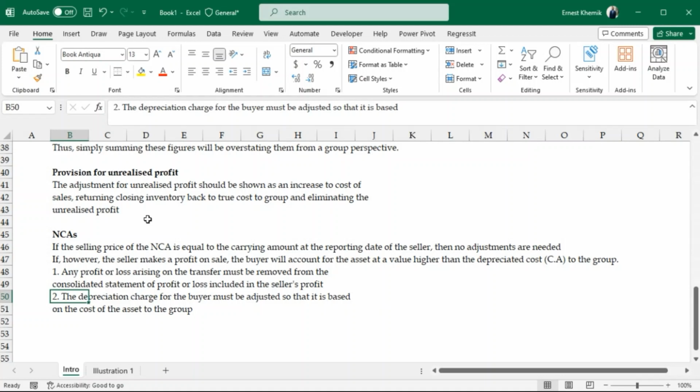So any depreciation which has reduced the profit of the buyer will be added back. So these are some of the most common adjustments you see in consolidated statements of profit or loss.